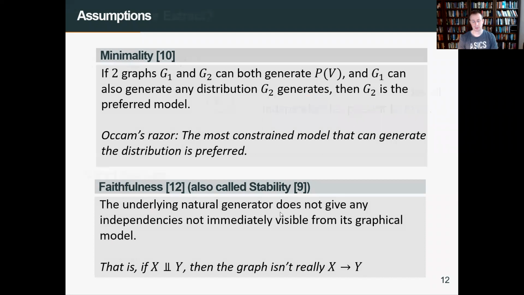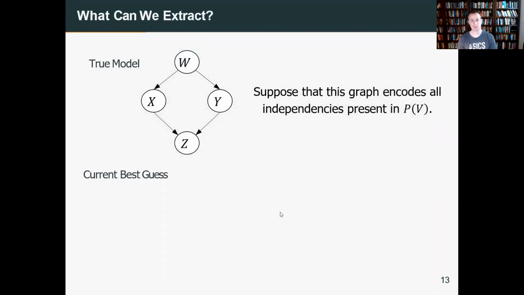Okay. Then I want to go through more of an example of how we can learn a causal diagram. Let's suppose that this is our true model, which encodes all the independencies in PV.